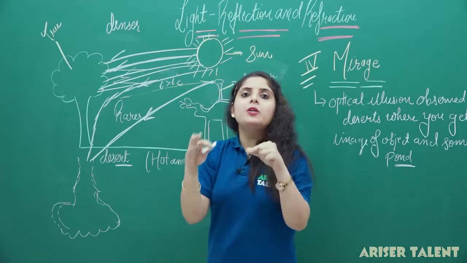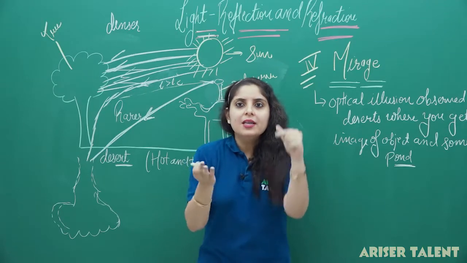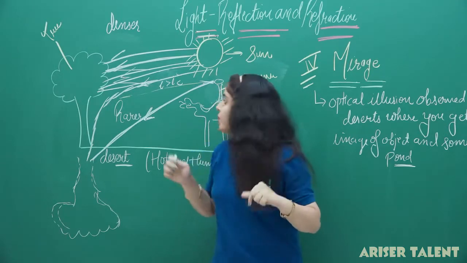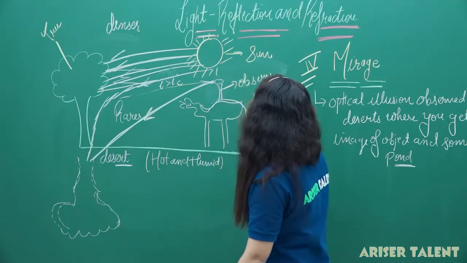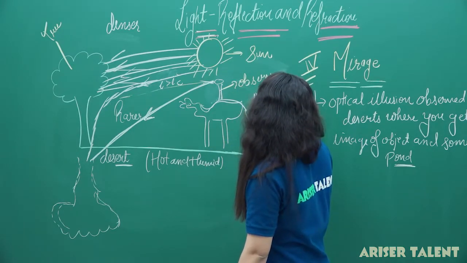He will be able to see the image of the object just below the object. This illusion is known as a mirage, and it is commonly observed in deserts.